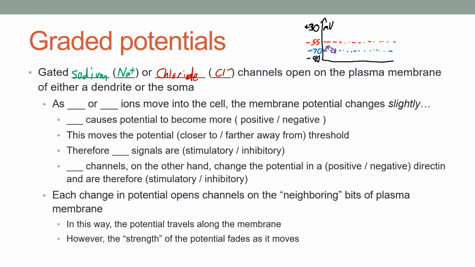These are called gated channels because if you look at the plasma membrane, there's a channel here, but it has a gate. Okay, and these are called chemically gated channels because what opens that gate is a receptor for a neurotransmitter.